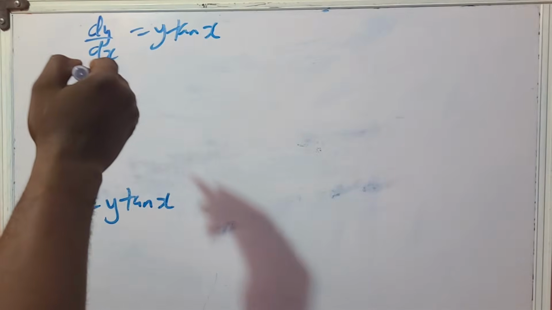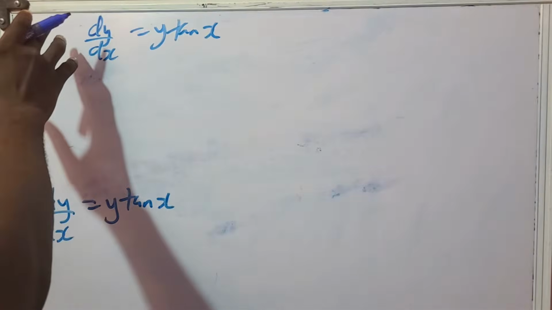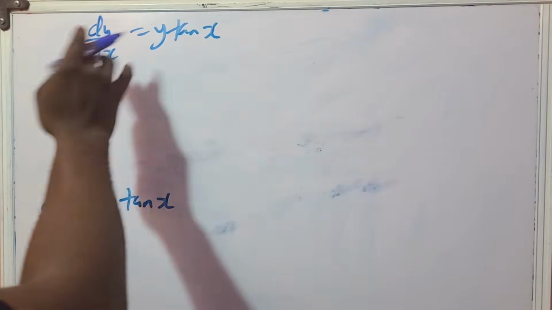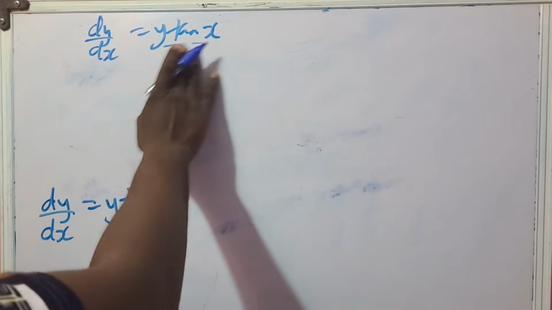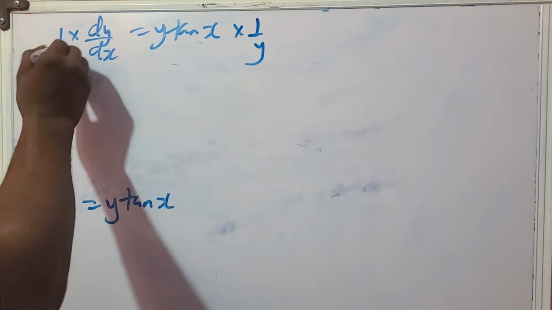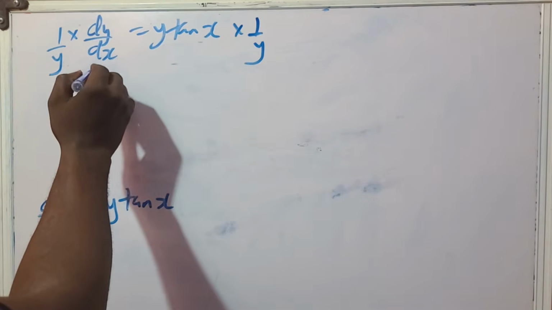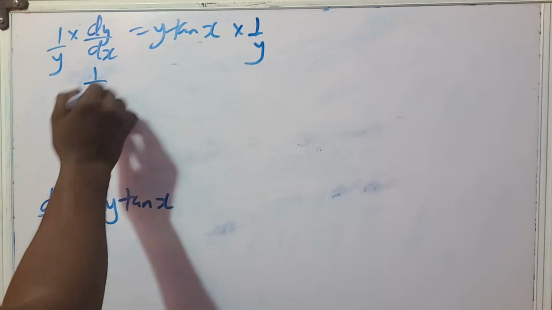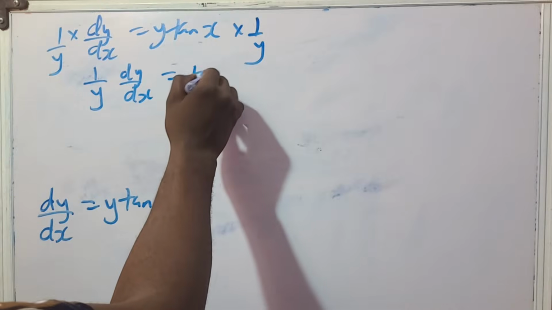So what you want to do is to initially bring the y to one side and the x to the other side. So you want to divide both sides by y, or let me rather say multiply both sides by 1 over y. When you do that, you'll be getting 1 over y dy over dx equals tan x.